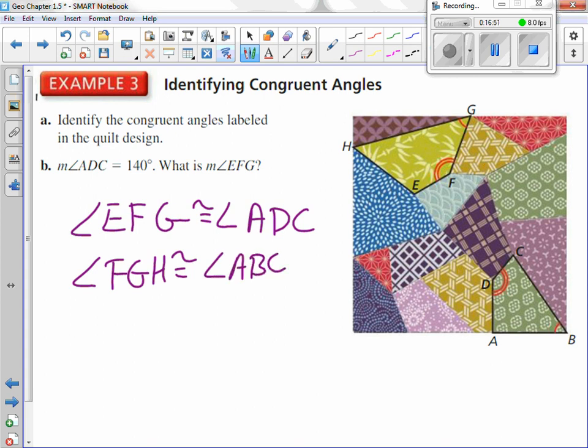Now, is this the only way we can write these statements? No. Because how many different ways can we name each one of those angles? 3 different ways, yes? Because at EFG, it is one angle, yes? At any of these, it's only one. So I can name it based off the vertex, and then using those 3 letters in 2 different ways, yes?